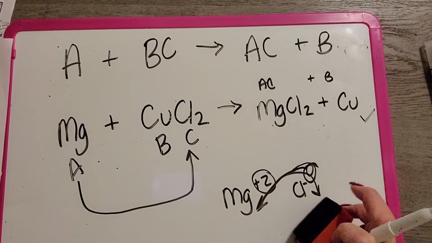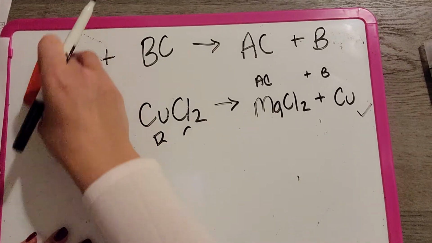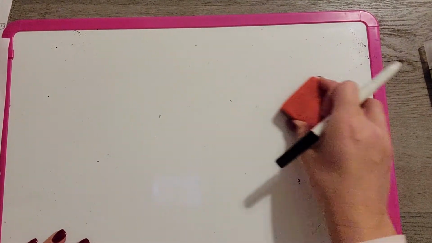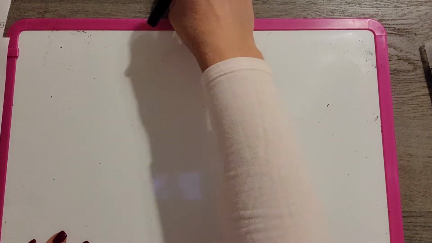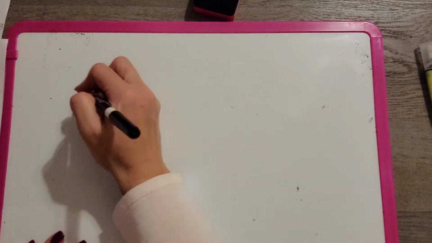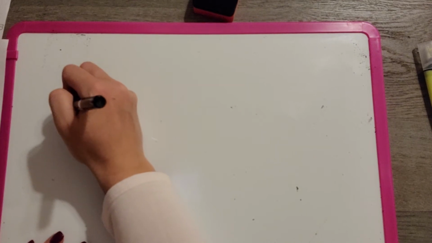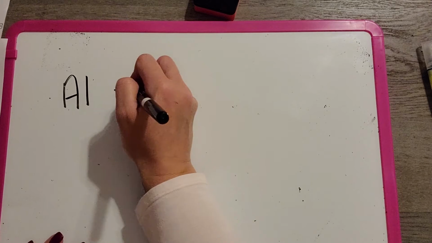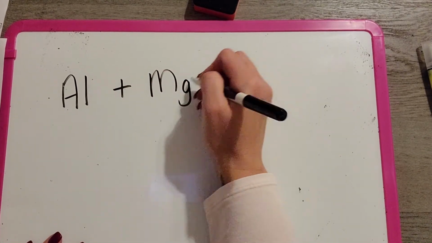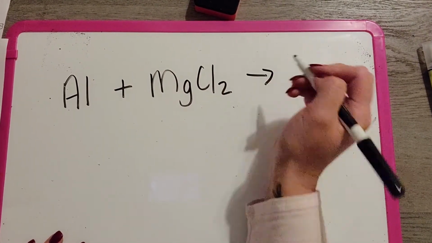Now, what about a reaction that's not going to take place? Let's take a look. How about aluminum plus MgCl2?